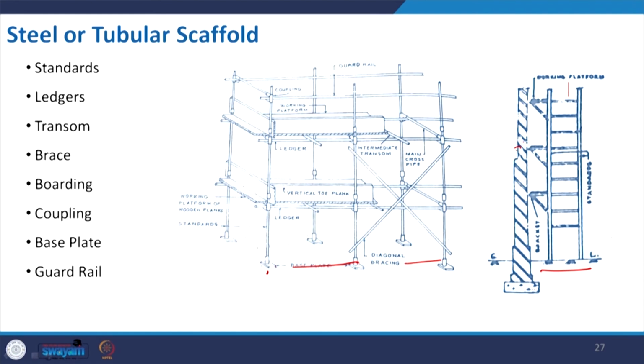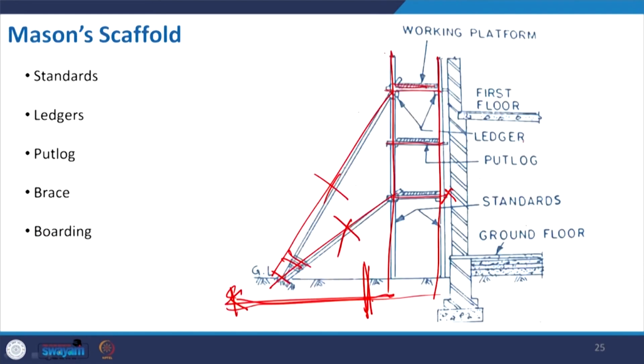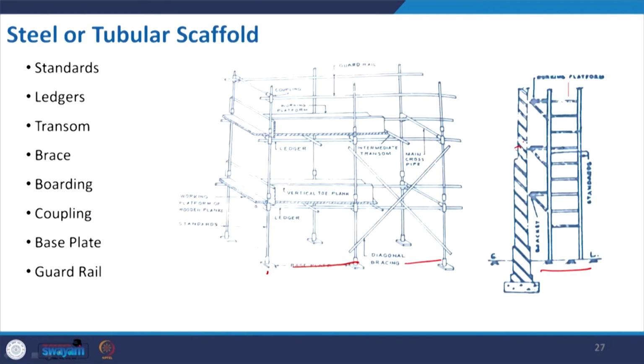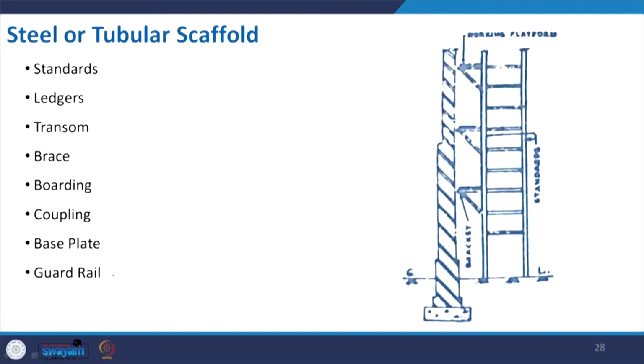So it is similar to the second category that we discussed. Now it is made with the steel and tubular scaffold. The maximum number of components are the same in this case. So it is again the same example in detail.